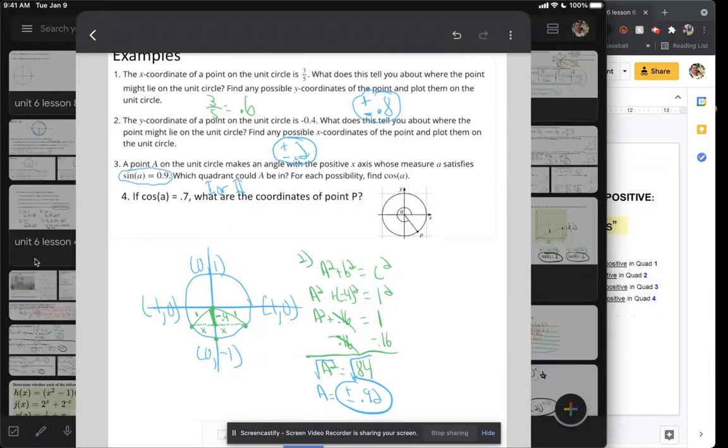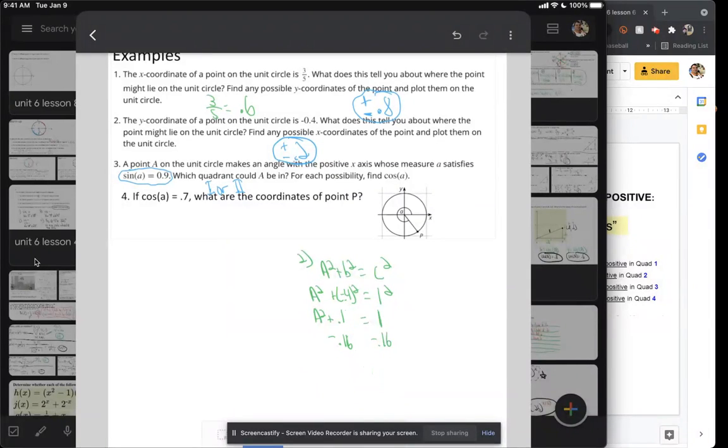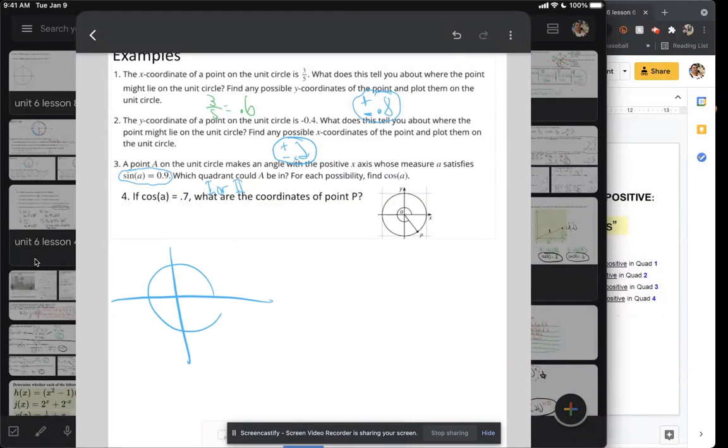Okay, so we're going to end up doing the exact same thing. So let me erase this again so I can get a fresh unit circle in here. All right, and I'm going to redraw the unit circle. And the key is that sine of A is 0.9.